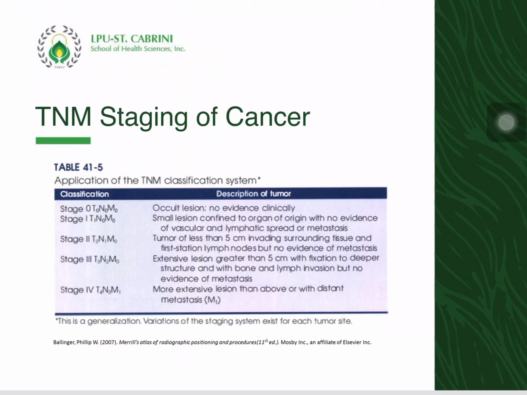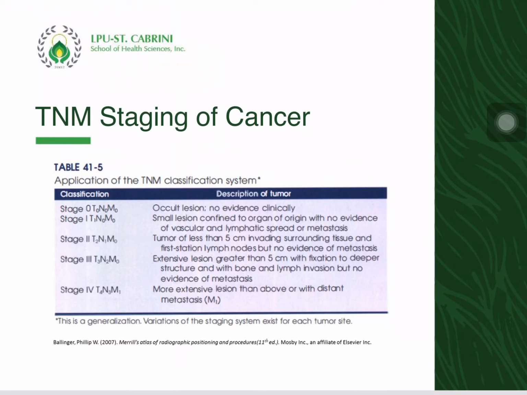Ibig sabihin, upon imaging the part, okay, may nakita silang small lesion, maliit lang, na nasa organ or origin. Pero, wala siyang vascular or lymphatic spread. Or hindi pa siya kumakalat sa mga katabing parte ng katawan.